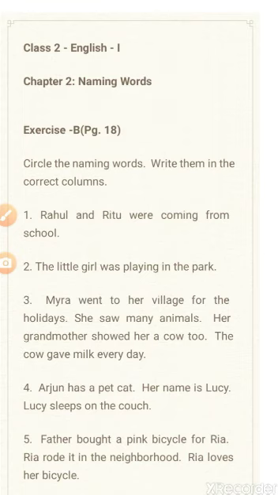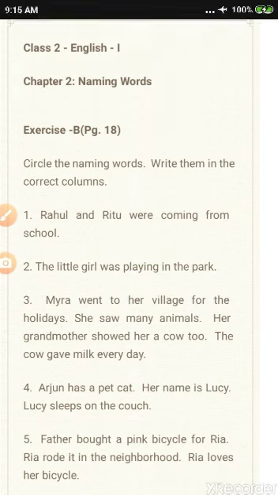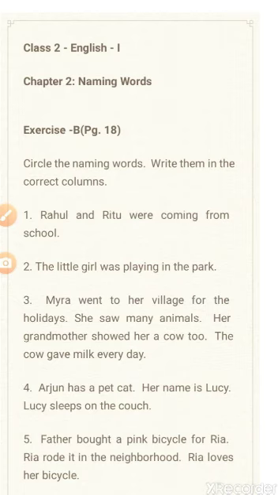So we found that there are how many words we circled here now? Question number 1, Rahul, Ritu, school. Question number 2, girl, park. Question number 3, Myra, village, holidays, animals, grandmother, cow, milk. Now question number 4, we circled Arjun, cat, name, Lucy and couch.